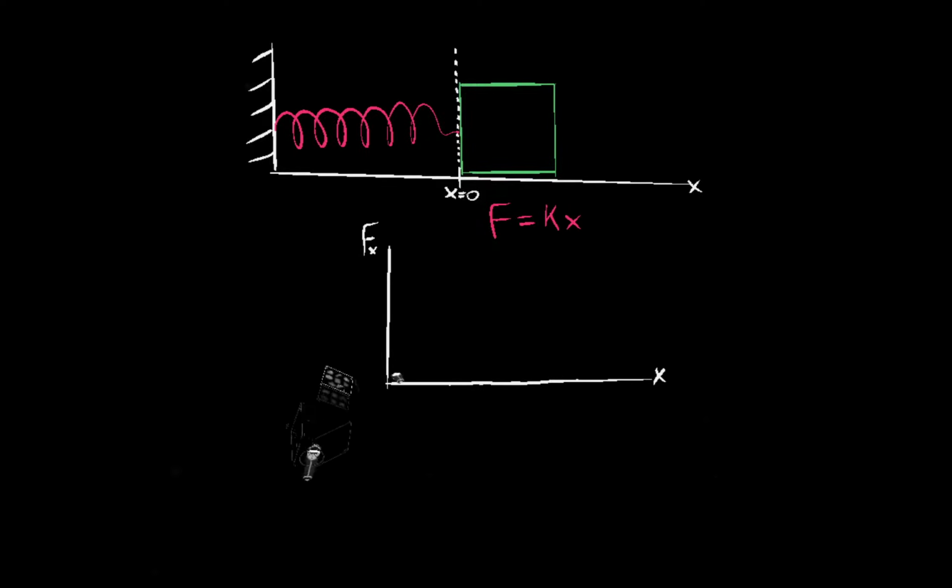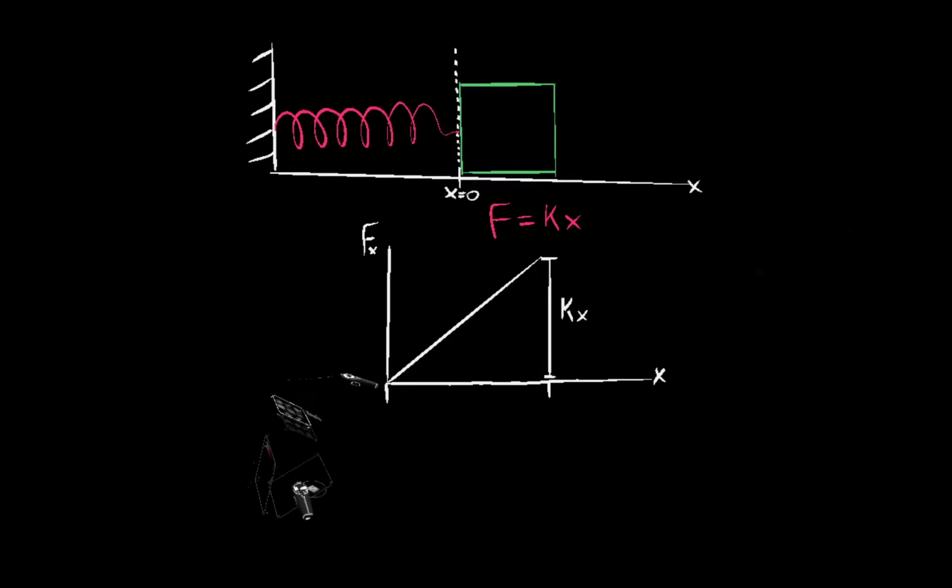Since it's linear, it might look something like this. And this distance here, from here to here, this is kx. And this distance here to here is x.